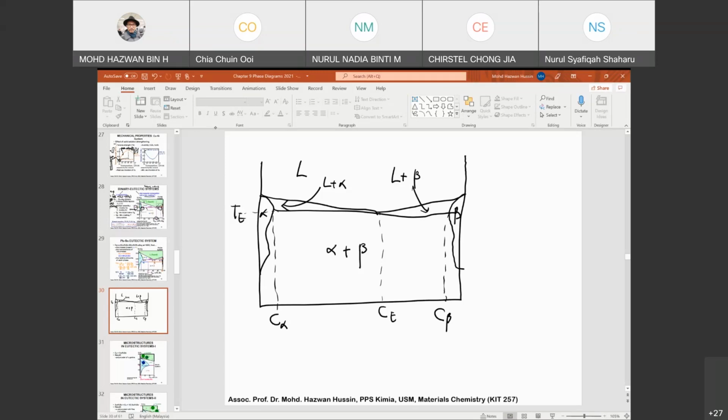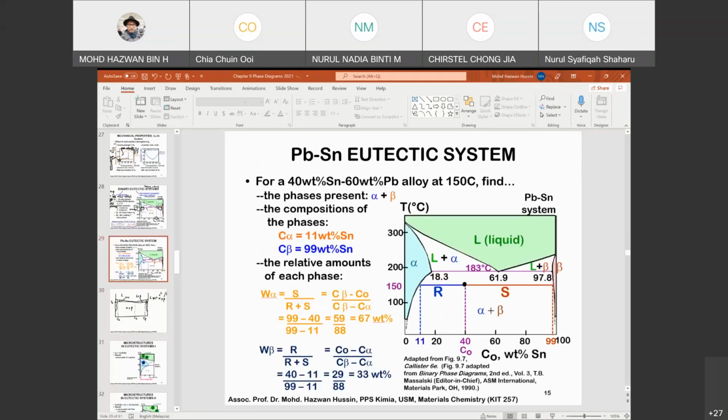So still, we are looking at the reaction: L double-headed arrow alpha plus beta. You should put the composition of alpha and composition of beta over here. You will see that it forms the same pattern, even though now we are looking at the lead-tin phase diagram.